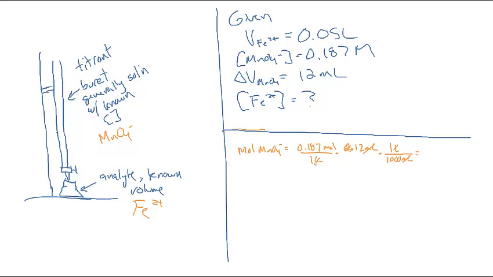Okay. I see some people still working, some people finished, and some people struggling. So the first thing I want to do is find the number of moles of MnO4 minus that were used. 0.187 times 12, divided by 1,000, and I get 2.24 times 10 to the minus 3 moles. I'm going to bring that down here.